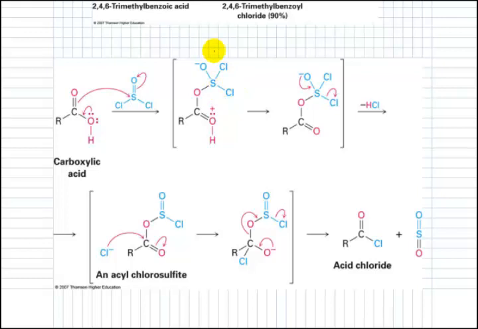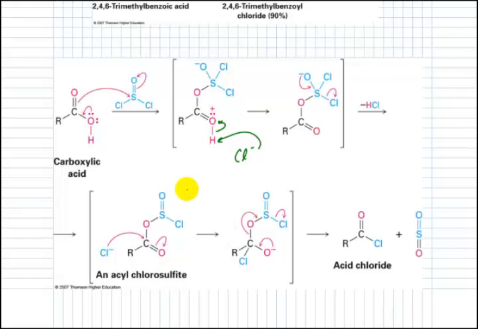Just like that, and a lot like the reactions that we've seen before, the O- in that tetrahedral intermediate comes down and kicks off a chlorine, while simultaneously, or I suppose in a different step either way, you can imagine the chlorine that's forming will pick off that hydrogen that was originally the OH of the carboxylic acid. The key here is that the neutral product we get has this O-S double bond O-Cl.